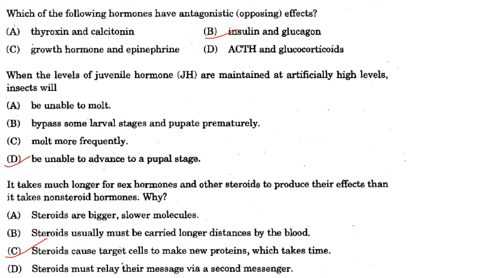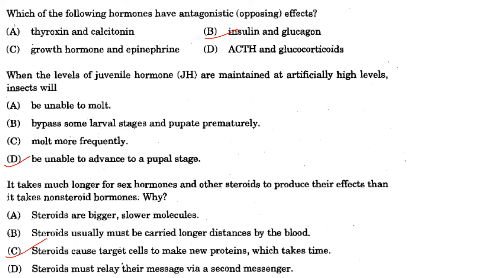Glucagon causes the liver to convert stored glycogen into glucose, which is released into the bloodstream, and insulin regulates the metabolism of carbohydrates and fats, promoting the absorption of glucose from the blood to skeletal muscles and fat tissues, and by causing fat to be stored rather than be used for energy. So insulin and glucagon have antagonistic or opposing effects.